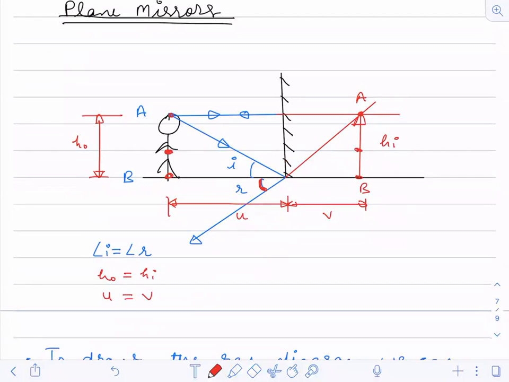Yes, good. These are the two important points to remember. First, the height of the object is equal to the height of the image formed by the plane mirror. Second, the distance between the object and the mirror and the distance between the mirror and the image will always be the same. Is it okay? Understood?